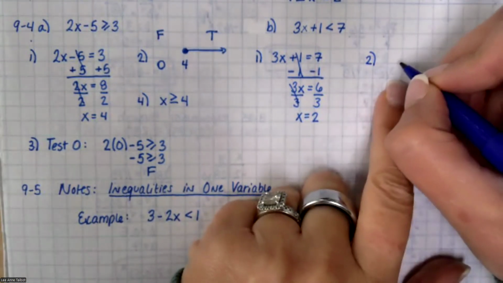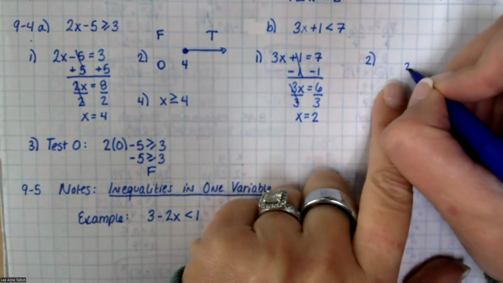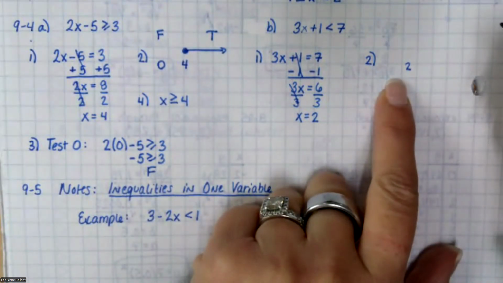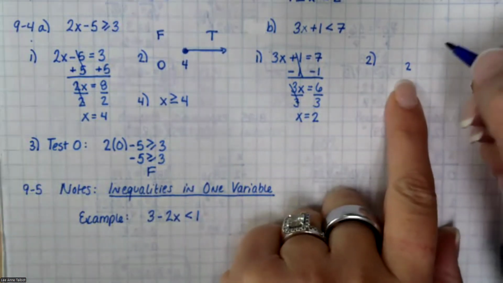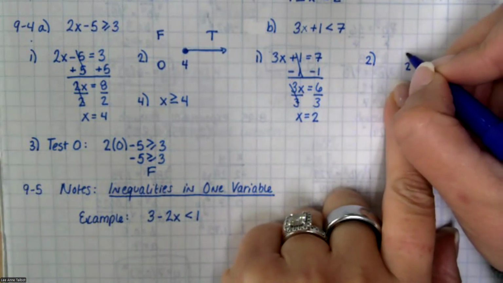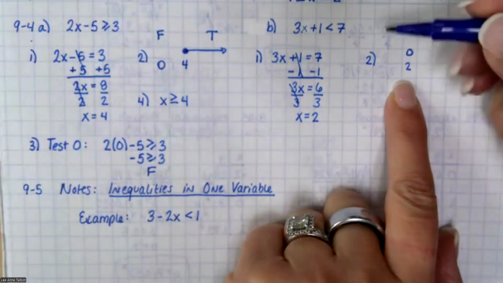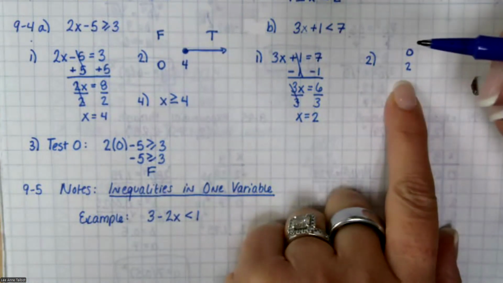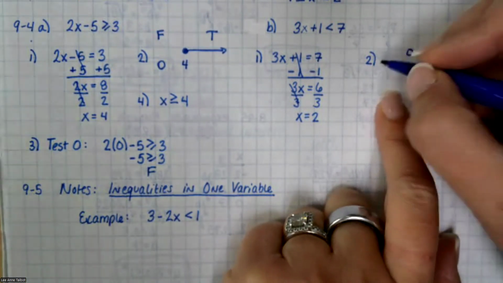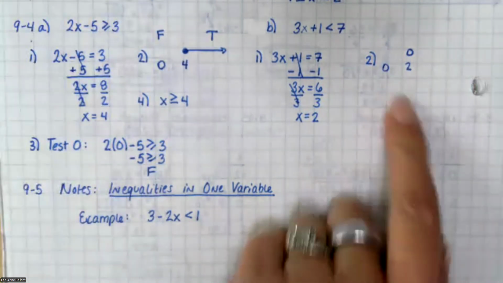Okay, now step 2 is to set up my little baby number line. I'm not going to do a whole big number line, just a baby one. I put 2 on there, and 2 in this one is going to have an open circle because there's not an or equal to on my original problem. And 0 is still going to live over to the left.